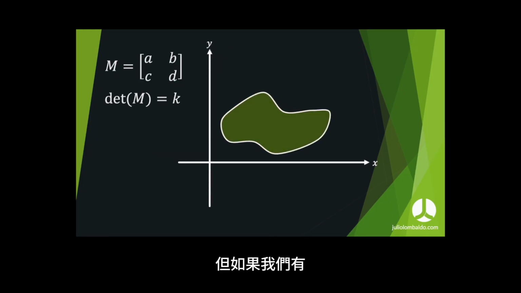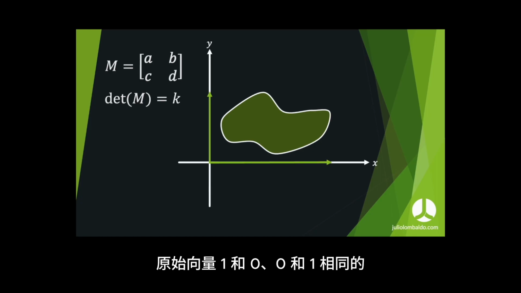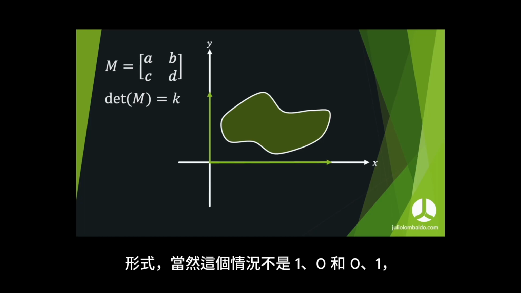But what happens if we have another area, not the first square with area just 1? If we have an area like this one, a completely different area, we have the representation here by two other vectors in green, for example 2, 1.